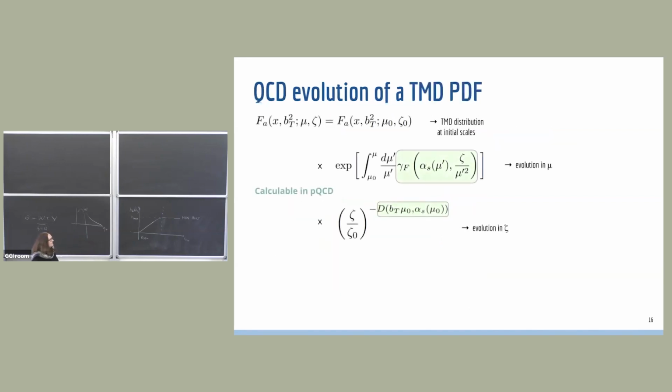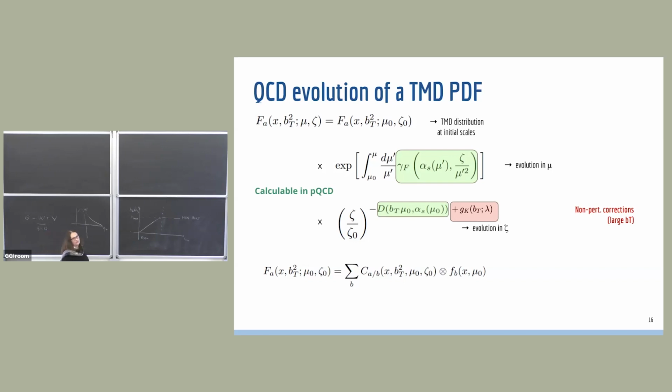Now, you do this exercise, you solve the evolution equations. They're not very difficult to solve. And what you learn is that the evolution of a TMD function contains a part which is fully perturbative, and you can compute it in perturbation theory. There is, however, another part which is fully non-perturbative, and this is called g_K. It's related to the Collins-Soper kernel, the non-perturbative part of the Collins-Soper kernel.